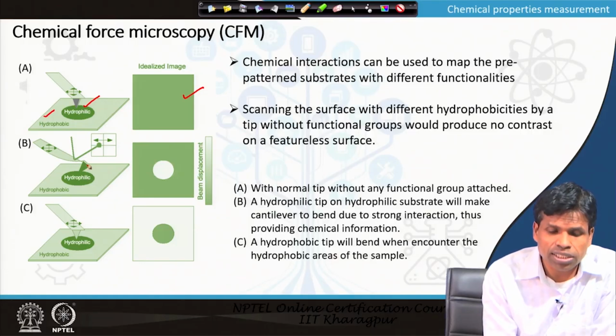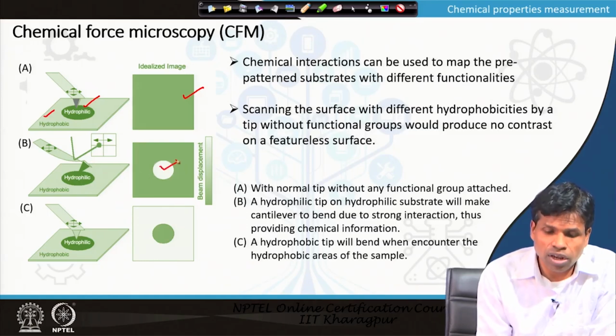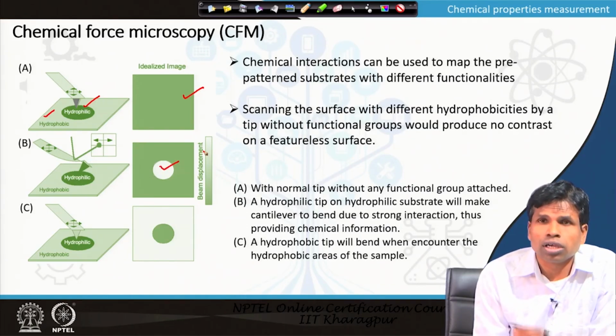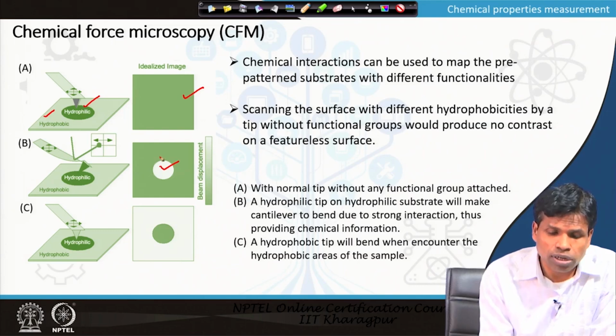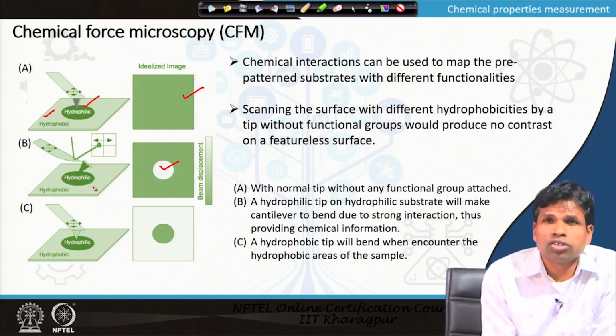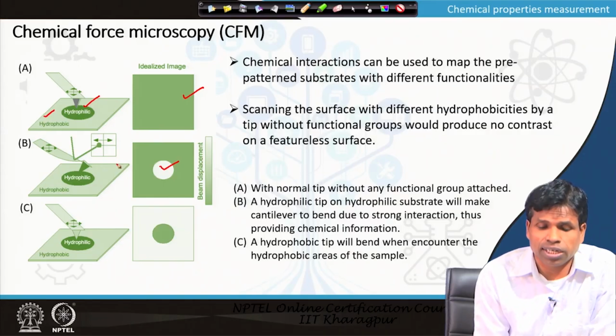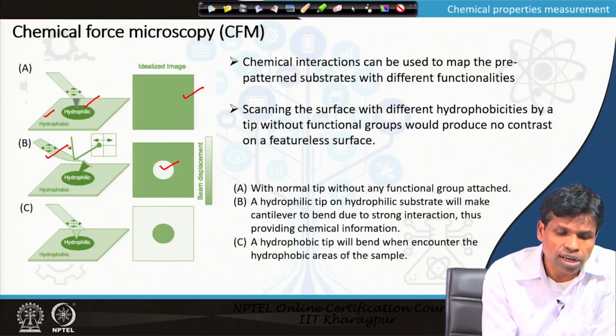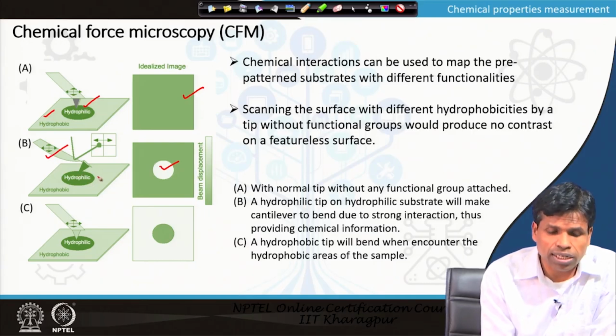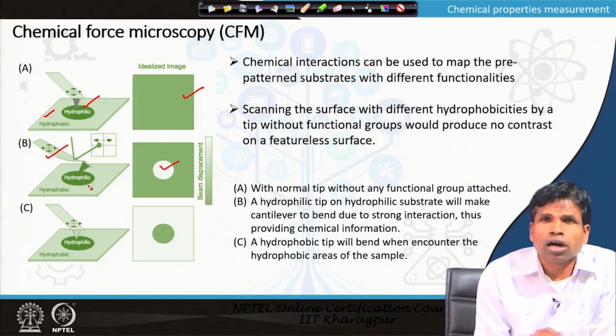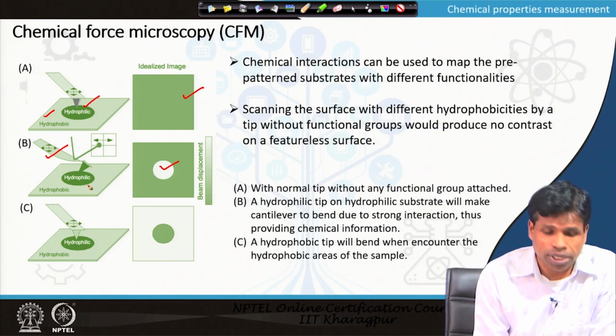As the tip bends, it gives a signal. So, a different contrast is seen on the sample, or beam displacements occur at our detector, thereby differentiating which region is hydrophilic and which region is hydrophobic on the substrate. So, using a functional group attached tip, one can study different functionalities on the surface.